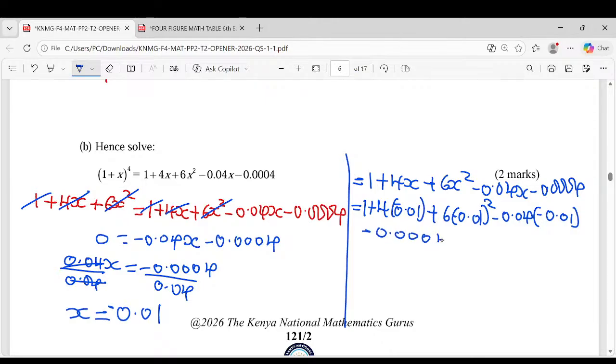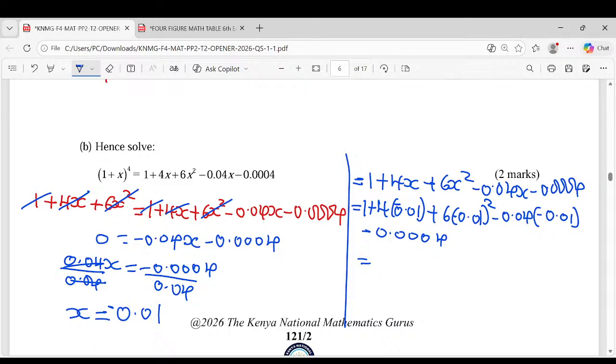0.0004. So when you work it out together, let me see, 1 plus 4 into negative 0.01, then plus 6 into that one squared, then minus 0.04 into that one, then now you minus 0.0004.